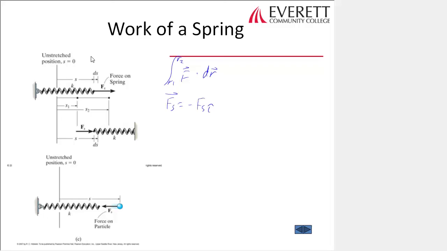And if my dr is also in the i direction, then I can say the work from 1 to 2 is the integral from r1 to r2, or I'm changing it to s because we're assuming the path is along the spring. So we're going from s1 to s2, and we're doing negative Fs ds. And that just comes from the dot product, because I have two things in the i, I have nothing in the j, nothing in the k.